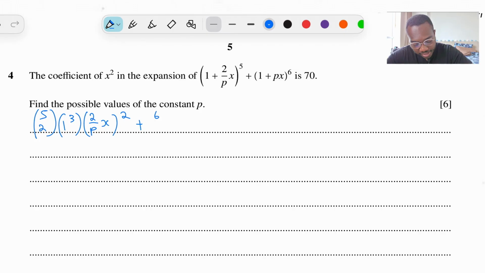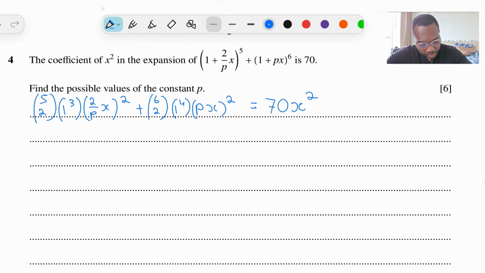Now with the other brackets, we do the same thing. This one will be 6 choose 2, times 1 to the 4. And this one will be times by px, and that will all be squared. And that will also give me an x squared coefficient, okay? And we know that this must equal 70x squared.